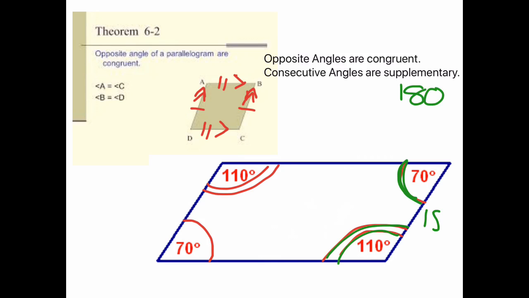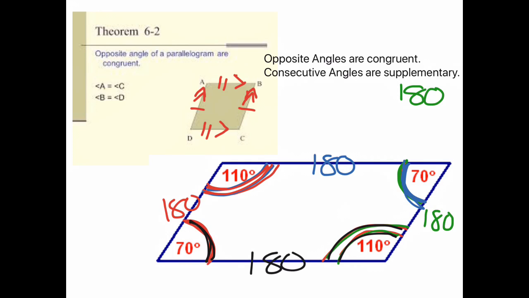If you notice the two across the top here, I'll do it in blue, 70 degrees and 110 degrees also add up to 180 degrees. On the left-hand side, the 110 degrees and the 70 degrees add up to 180 degrees. And along the bottom as well, the 70 degrees and the 110 degrees add up to 180. So consecutive angles are supplementary, opposite angles are congruent.